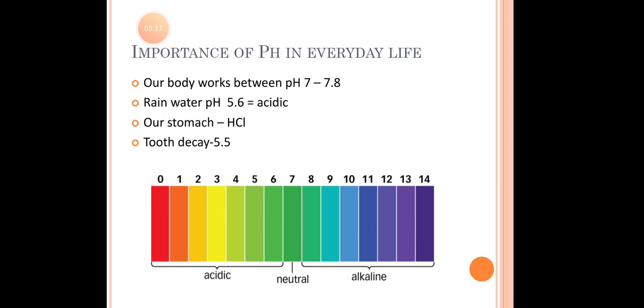Suppose you are given tomato juice, which is not very acidic, it is moderately acidic. If you dip the universal indicator into tomato juice, it changes into orange color, and the pH would be between 4 and 4.4.